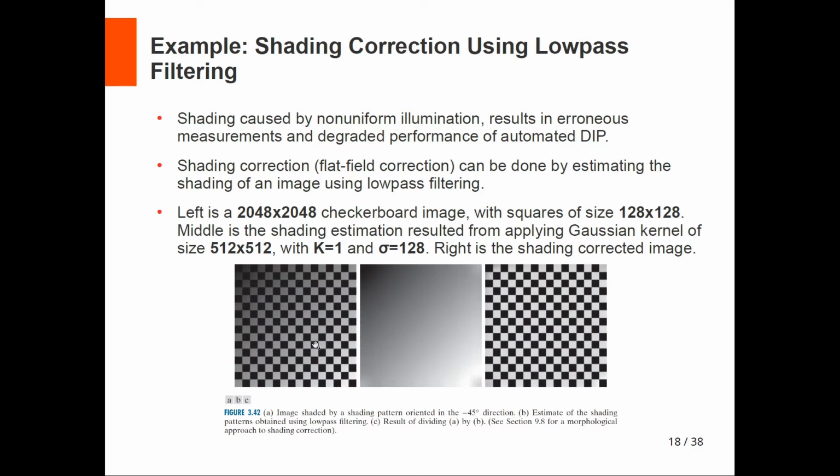Here that would be the grid, basically the black and white squares that we have in the image. At the end, what we get is a highly smoothed version of the original image, to the point that the squares are not visible anymore. But what is visible is the general shading of the image. So if we use arithmetic operation as we discussed before, we can get an image whose shading is corrected. That is one application of low pass filtering.